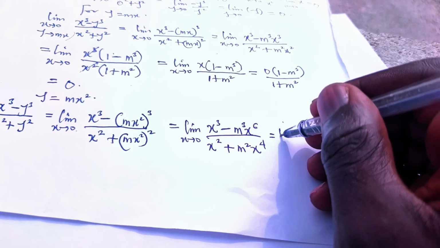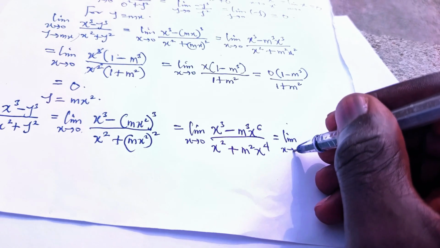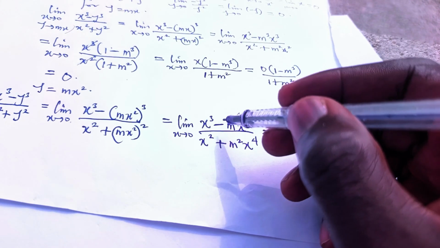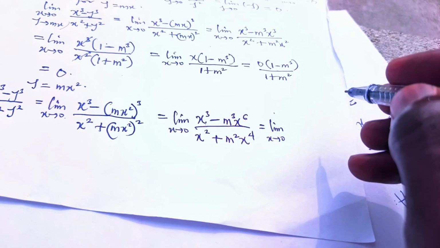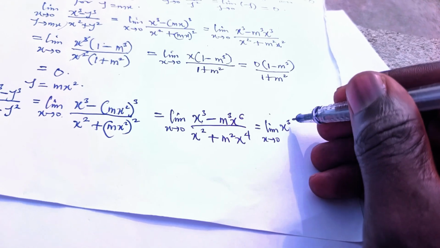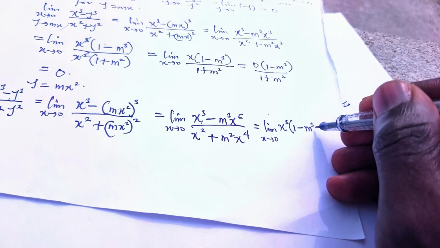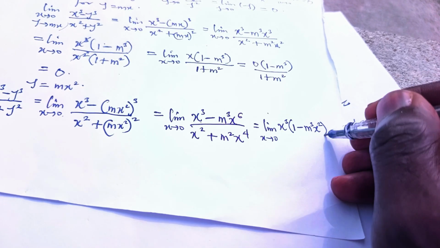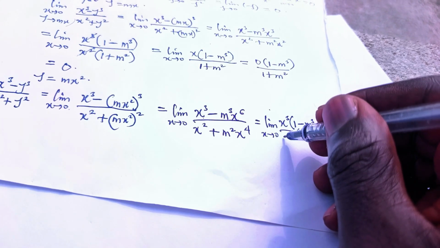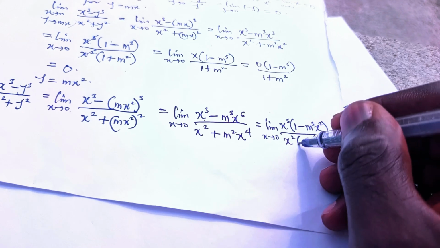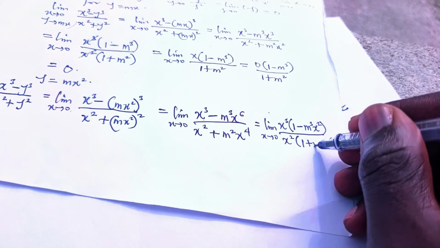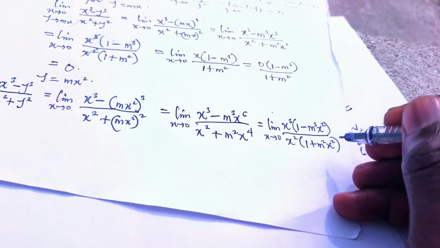X cubed is common here, so here will be x cubed into (1 minus m cubed x cubed), all over x squared is common into (1 plus m squared x squared).